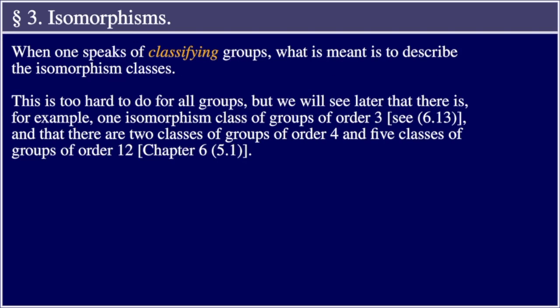When one speaks of classifying groups, what is meant is to describe the isomorphism classes. This is too hard to do for all groups, but we will see later that there is, for example, one isomorphism class of groups of order 3, see section 6.13, and that there are two classes of groups of order 4 and 5 classes of groups of order 12, chapter 6, section 5.1.